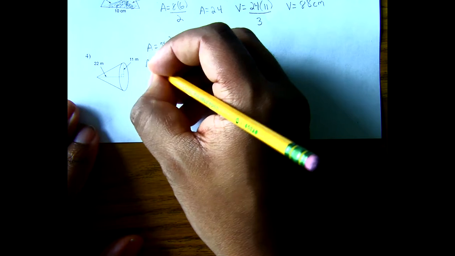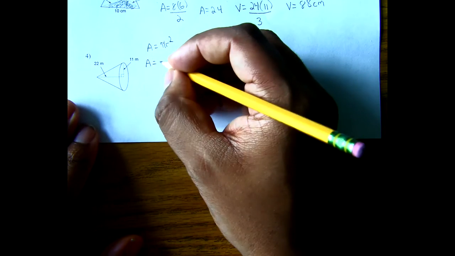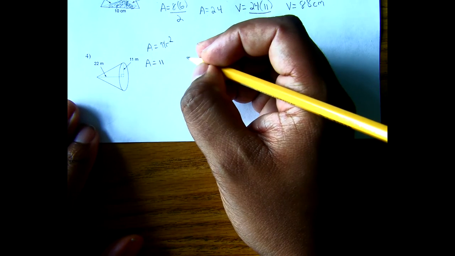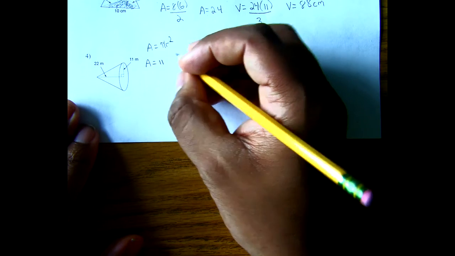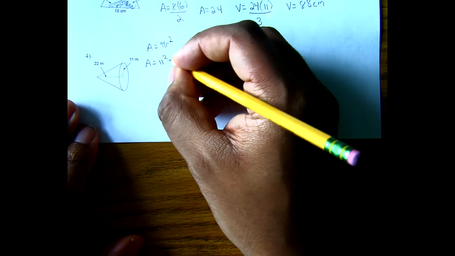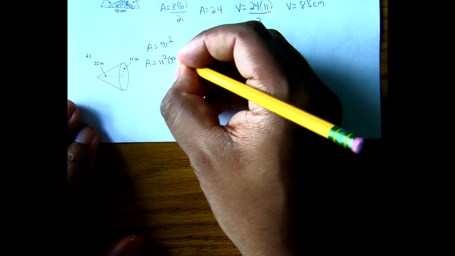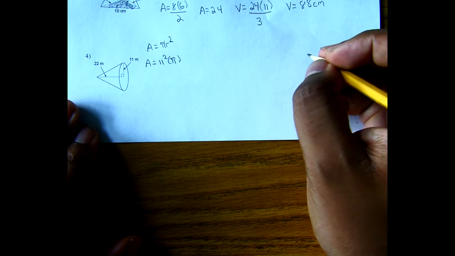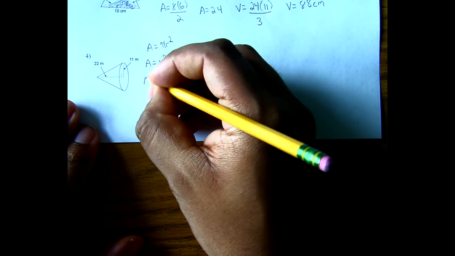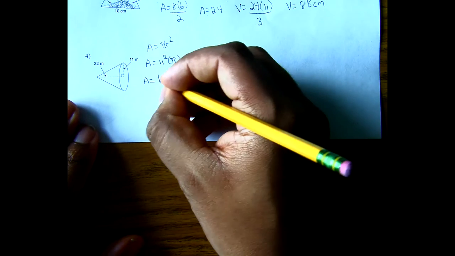So we're going to have A is equal to r, which is 11, squared times pi. Okay, and 11 squared is going to equal 121.